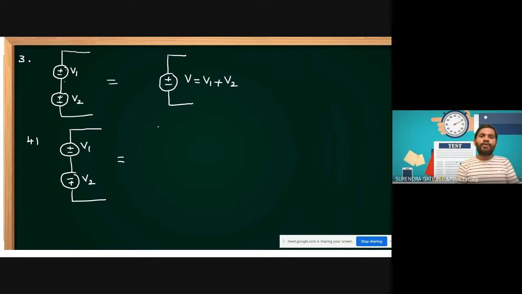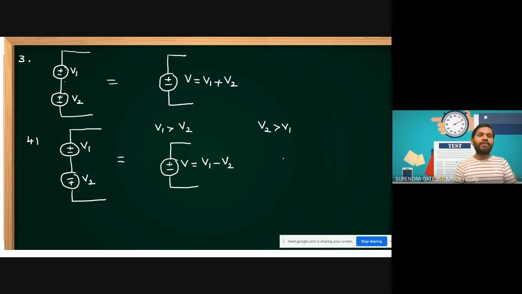But here there are two conditions. Based on the magnitude of voltages, you decide the polarity of the resultant. If V1 is greater than V2, then you take the polarity of V1, plus minus, where V equals V1 minus V2. If V2 is greater than V1, then the polarity of the final source is decided based on which voltage source magnitude is greater.